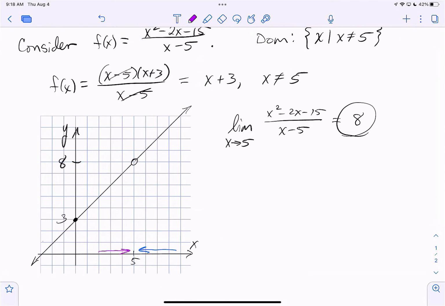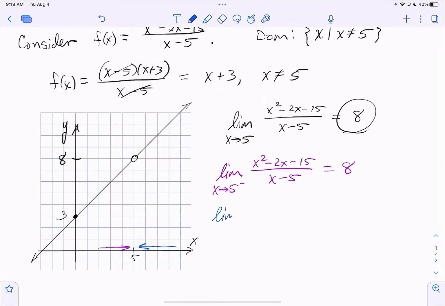To denote that I'm talking about one side, let's say the left, the purple one here, we would say limit as x arrow 5 with a little exponent looking thing that looks like 5 to the minus, which is 5 from the left, of x squared minus 2x minus 15 over x minus 5. We would say that that equals 8.